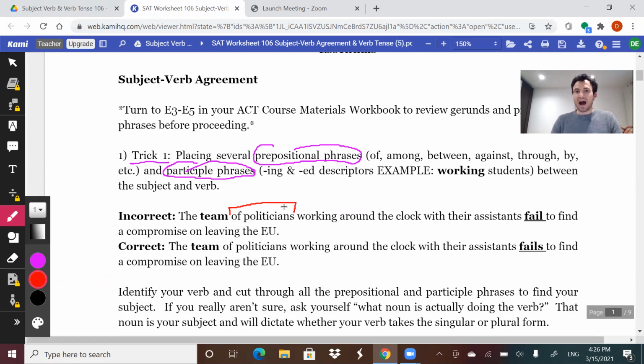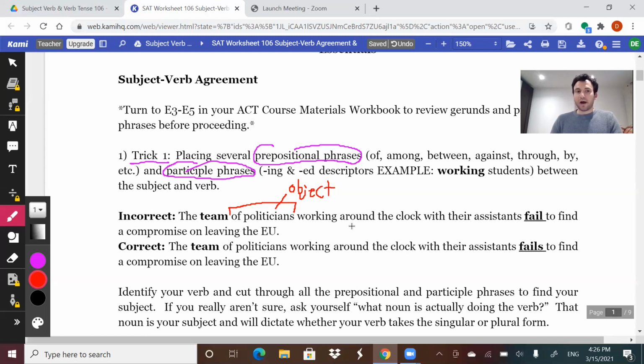Politicians is the object of your preposition. So it's not the subject; it answers what the of is asking. So of what? And then you have an object. So a prepositional phrase, which is the preposition and the object of your preposition, is never going to determine how the verb is conjugated because it's not your subject. It's just a prepositional phrase.